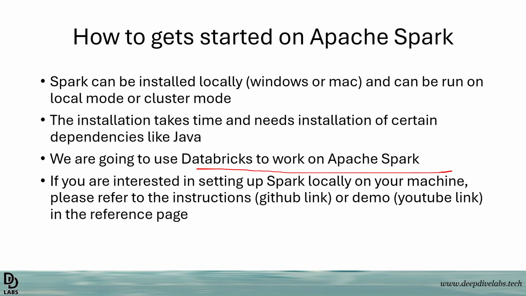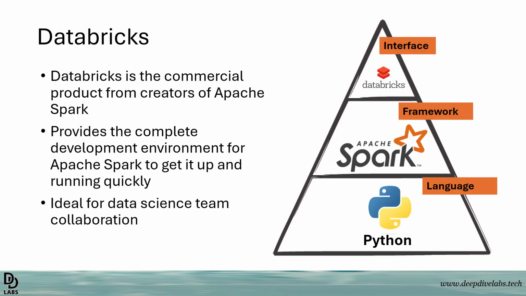If you are interested in setting up Spark locally on your machine, you can refer to the instructions and a YouTube link that I have given as part of the reference to this video.